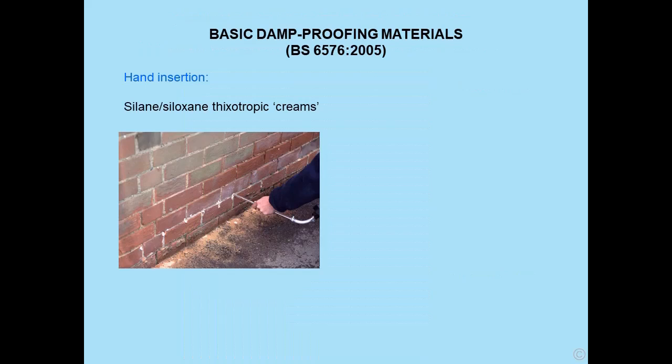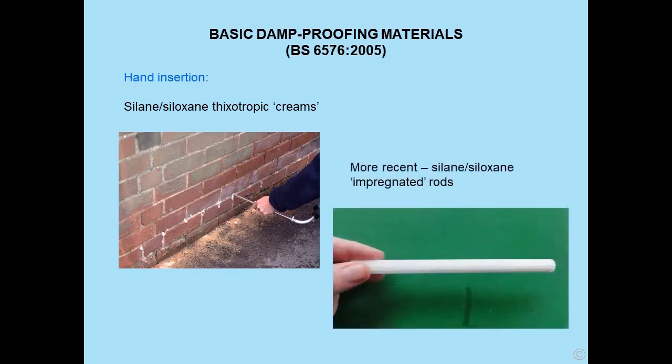Going on with damp-proof coursing, hand insertion, the silane, siloxane, thixotropic creams, and more recently the silane, siloxane impregnated rods. It's the plastic rod, very permeable, full of the appropriate silane, siloxane. Simply drill a hole and it's pushed into the hole in the mortar.